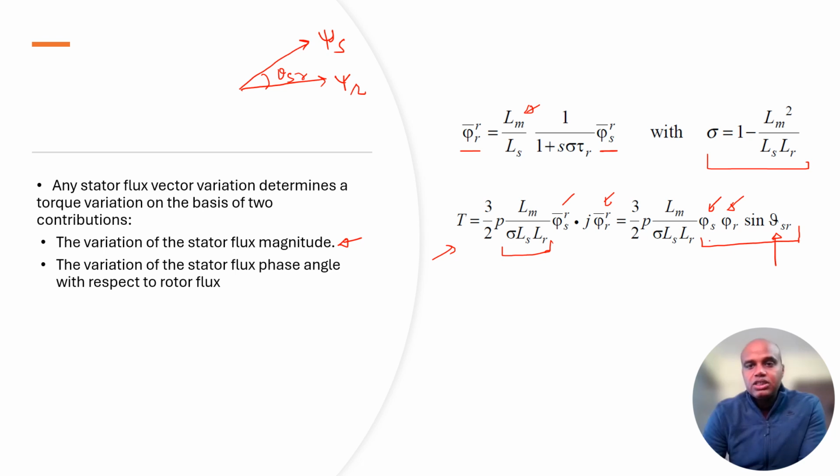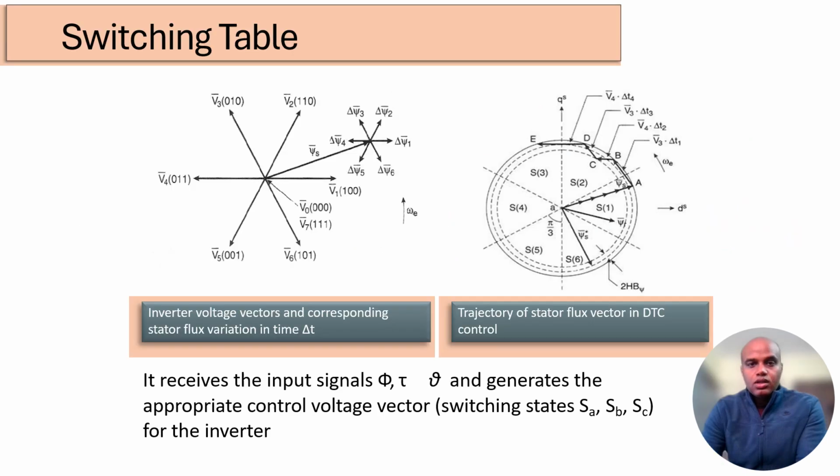If I increase phi s directly, it will increase my torque. Similarly, if I increase the angle theta SR, then also it will increase my torque. So the variation happens based on these two contributions. Now let's see how choosing the right vector can increase my torque and the flux.